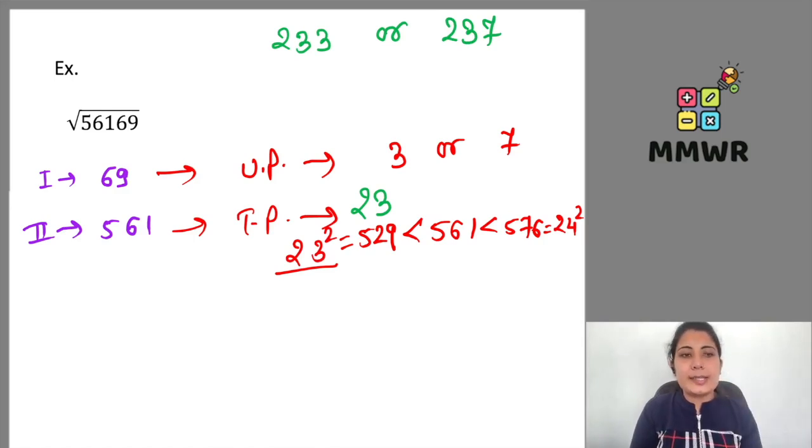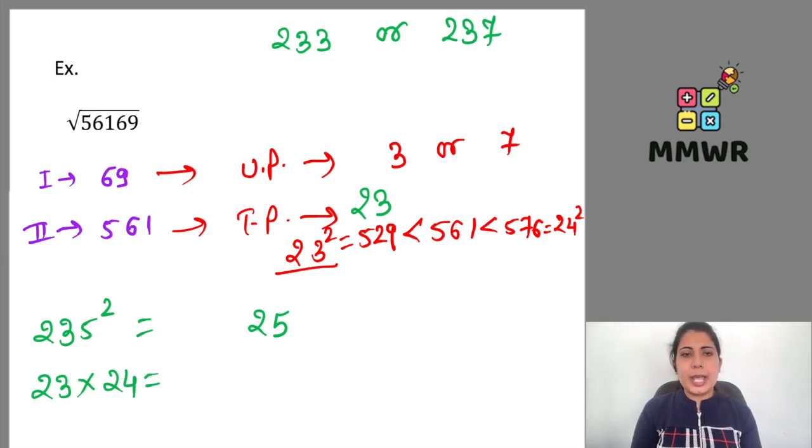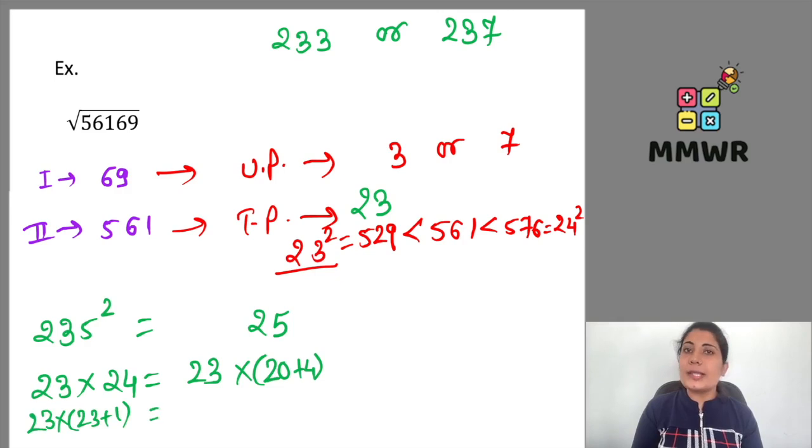Now let's quickly find 235 square first. So 235 square will have 25 at the end, and 23 multiplied with 24 helps me get the rest, which I am breaking this way. 23 multiplied by 20 plus 4 is one way, or 23 multiplied by 23 plus 1, because I know the square of 23.